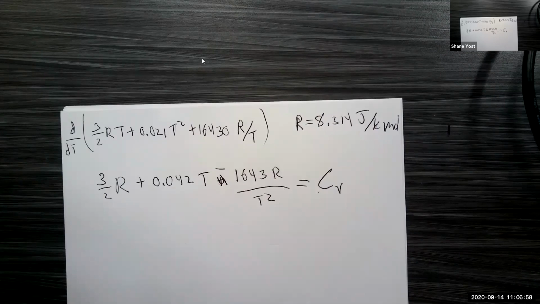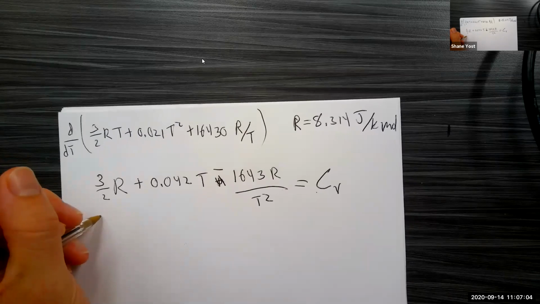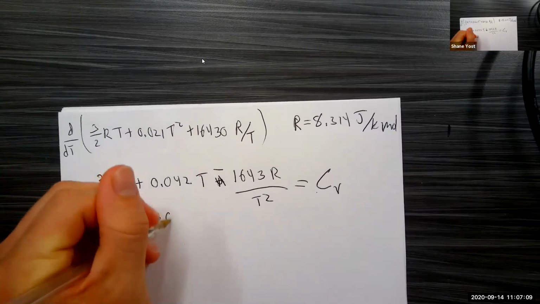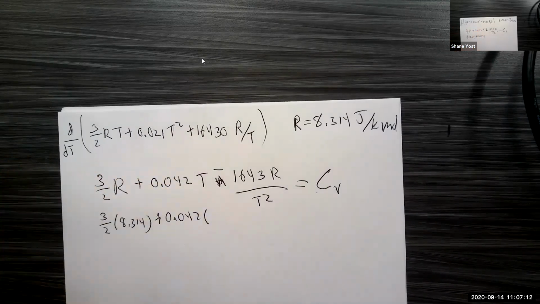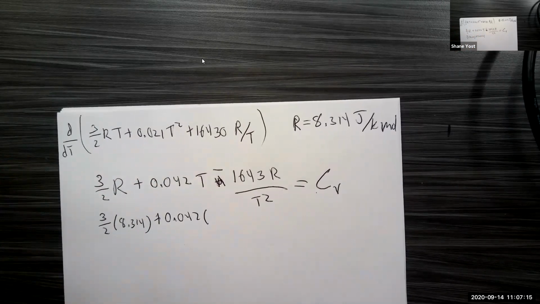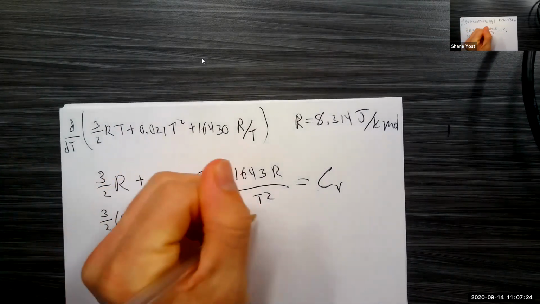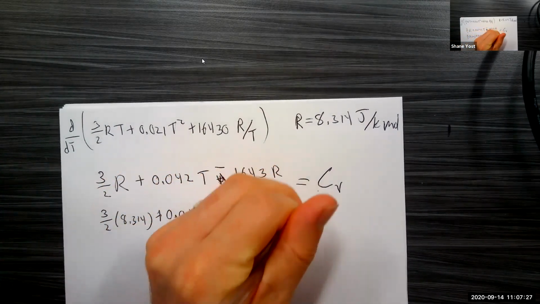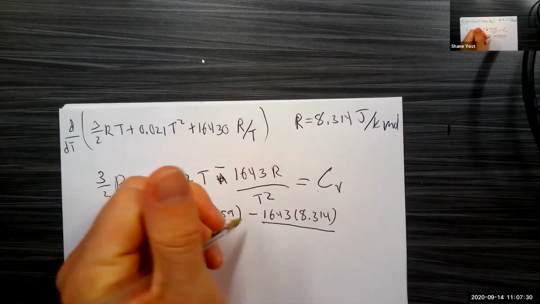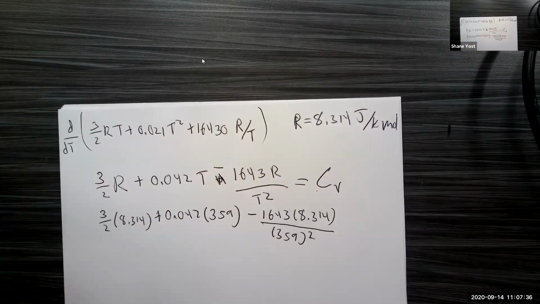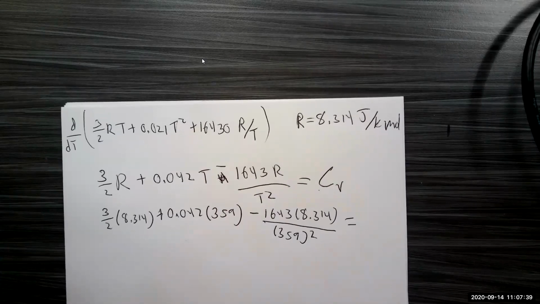But anyways, we just have to plug in for R. 8.314, and our temperature: 0.042 times the temperature of 359 Kelvin, plus 1643 times 8.314 divided by 359 squared.